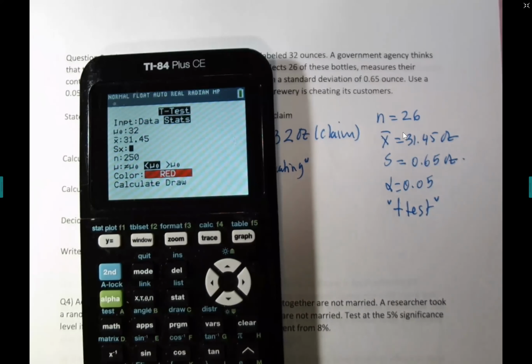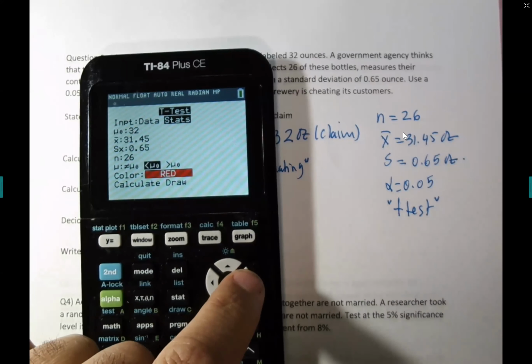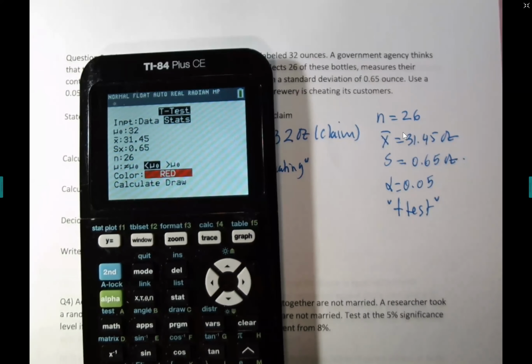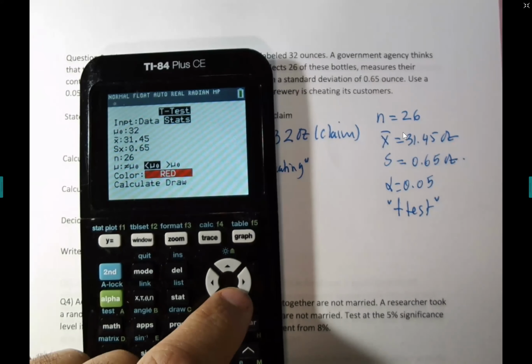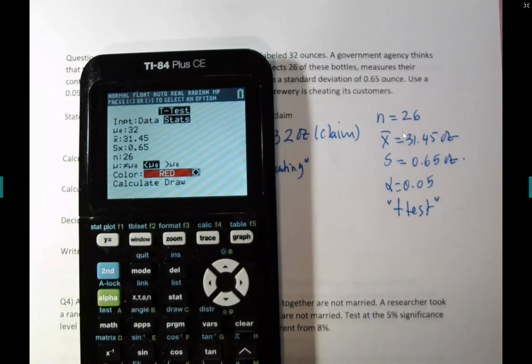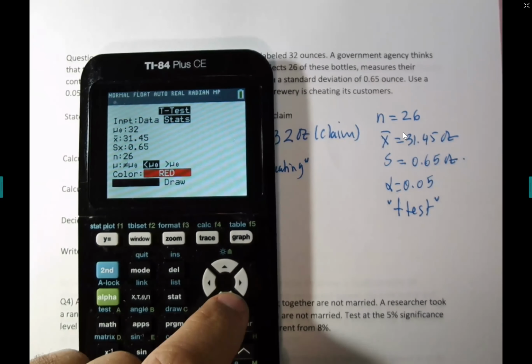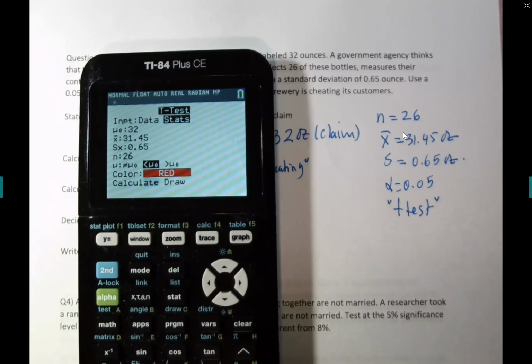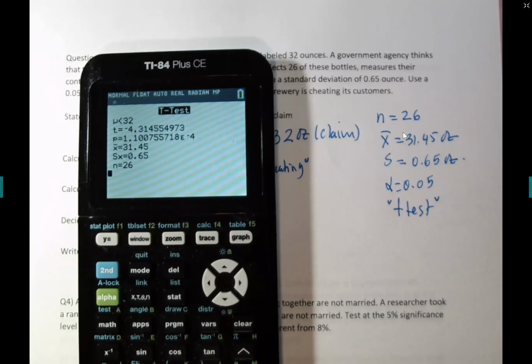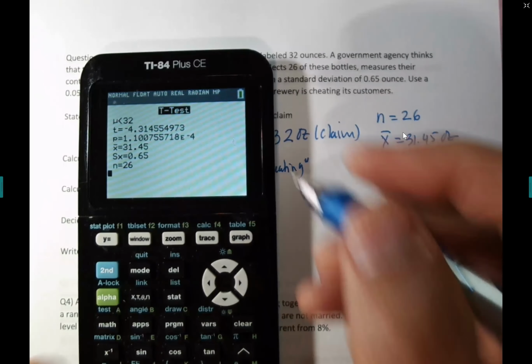S, guys, is 0.65. N is 26. And less than. Some of my students this morning said equal or not equal, also the same thing, but I had to convince them that it should be the less than. Okay, so the test statistic is negative 4.31.